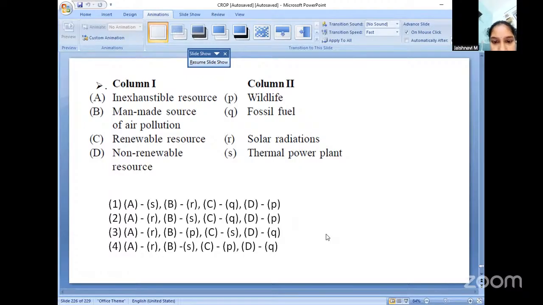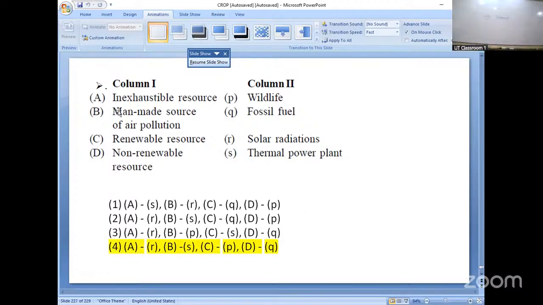Ma'am, 3. Inexhaustible resources, that is solar radiation. Man-made source of air pollution, that is thermal power plant. Thermal power plant.